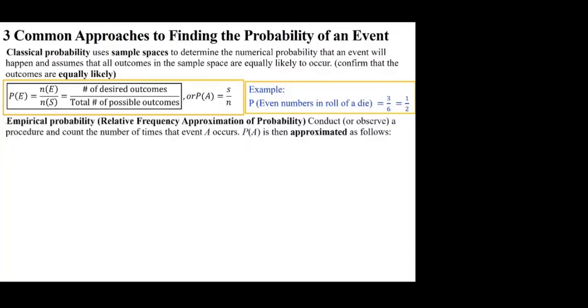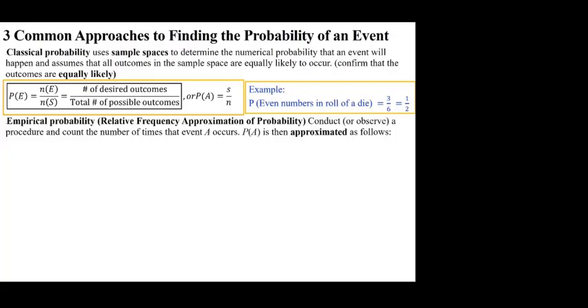In the case of an empirical probability, known as relative frequency also, or approximation of probability, we have an observation, if you will. So we conduct or observe a procedure and count the number of times that event A occurs.